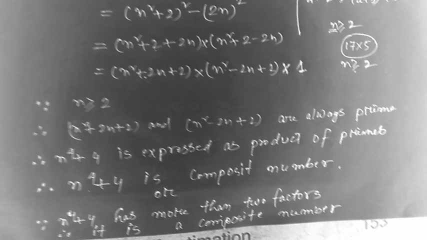No? So n to the power 4 plus 4 is expressed as a product of primes. Now, as we know, if we can express a number as the product of primes, then the number is composite. Therefore n to the power 4 plus 4 is a composite number.